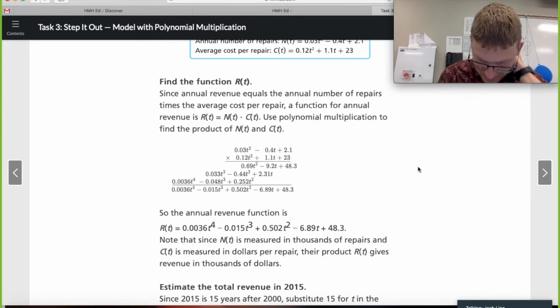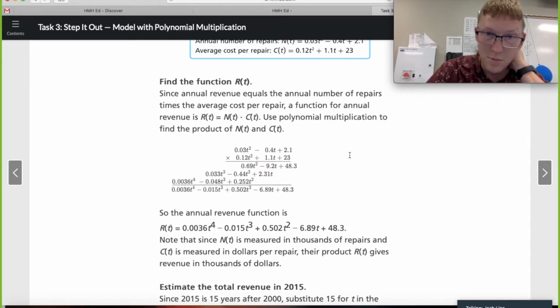So last but not least, 0.12 t squared times this one. We've got our t to the fourth right here, our t to the third, and then our t to the fourth. Just make sure you're lining up your exponents. That's very important.